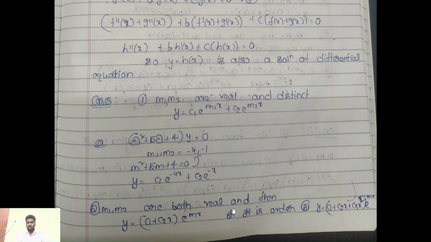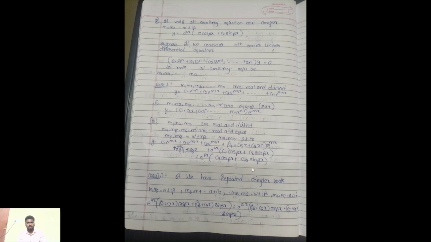If a third order equation possesses all three roots equal, then we write the solution as c1 plus c2x plus c3 into x square into e power mx. If a fourth order linear differential equation possesses all four roots equal, then we write c1 plus c2x plus c3x square plus c4 into x cube into e power mx as the solution. So we move on to the next.